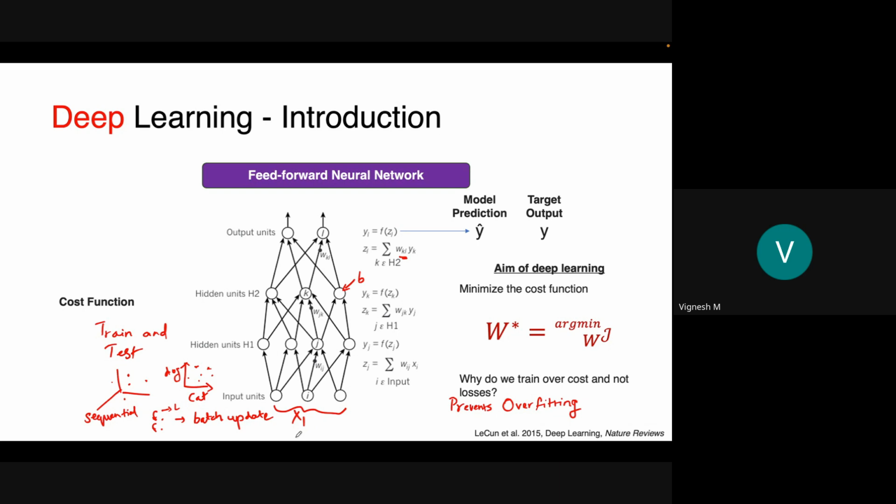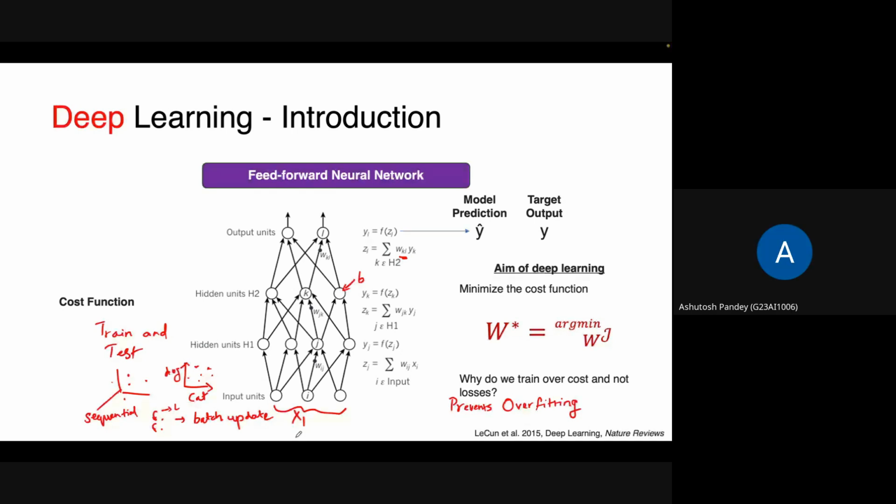But for very complicated problems, you would go for the batch update, where you try to minimize over the cost function. So batch is actually intermediate between the loss and cost. You basically take all the losses for a set of images and then update in one go. That's what a batch update is.